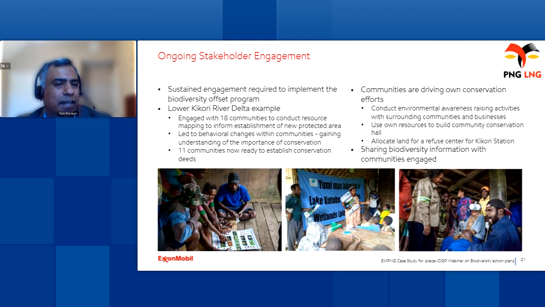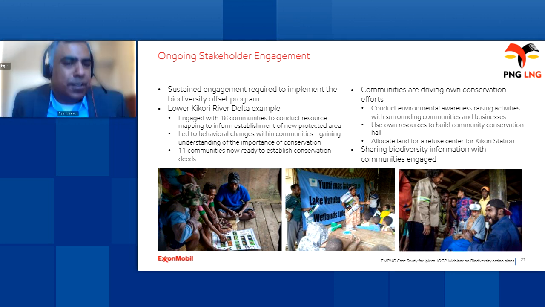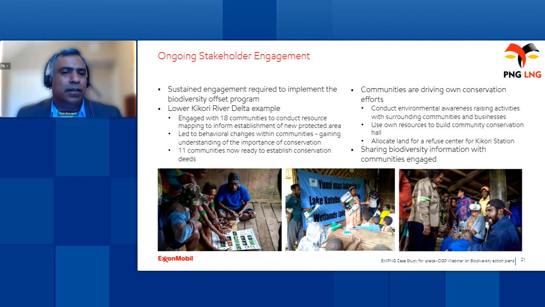As you can see, there were about 18 communities through which we conducted resource mapping to inform the establishment of the new protected areas. 11 of them are now ready to establish the conservation areas, and there are a few other communities who are seriously considering joining these programs.